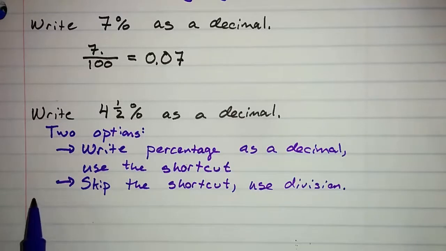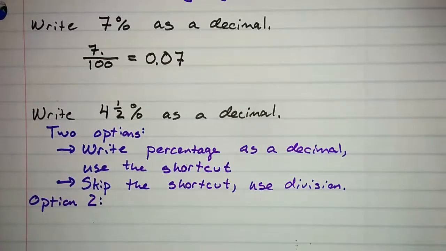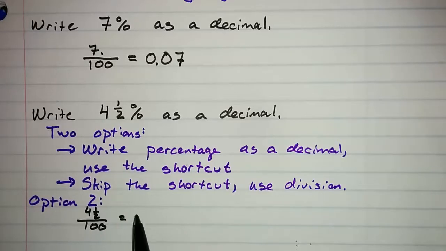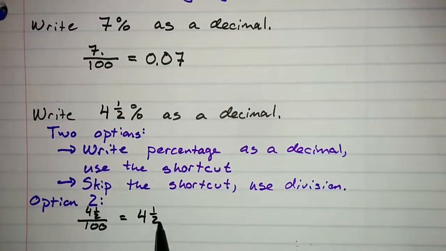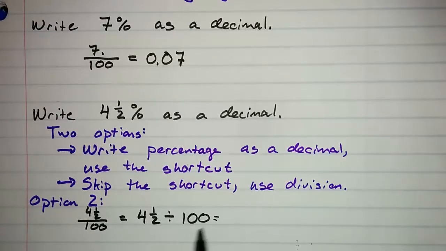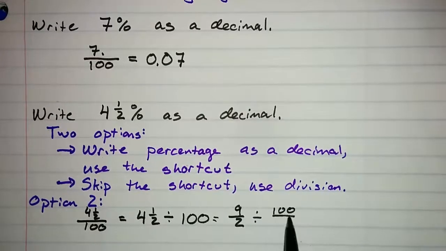If we used option 2 here, we would say, well, this is 4 and 1/2 percent, which means 4 and 1/2 divided by 100, which means 4 and 1/2, that's 4 times 2 is 8, plus 1 is 9 halves, divided by 100 over 1.